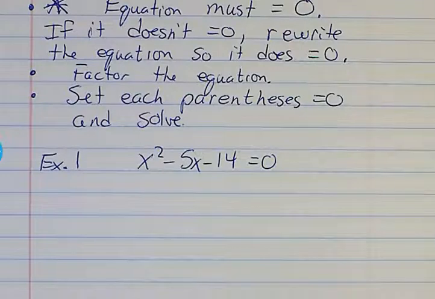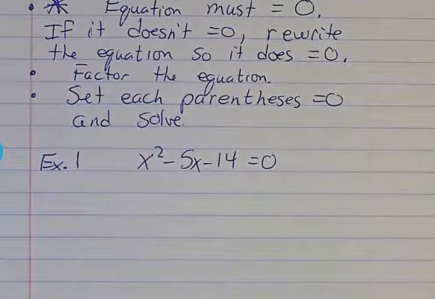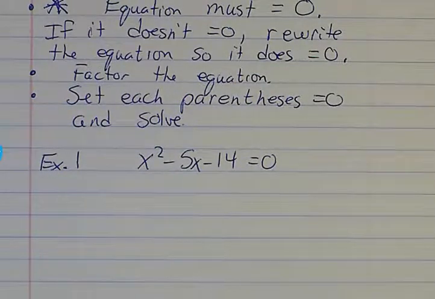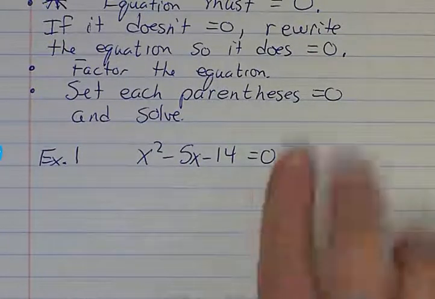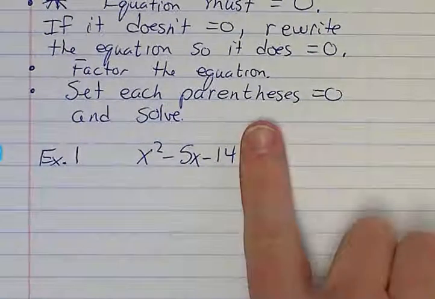Alright, so here's our first example. x squared minus 5x minus 14 equals 0. Alright, so as long as it's equal to 0, you can just ignore this part of it. Now we're going to factor this thing.